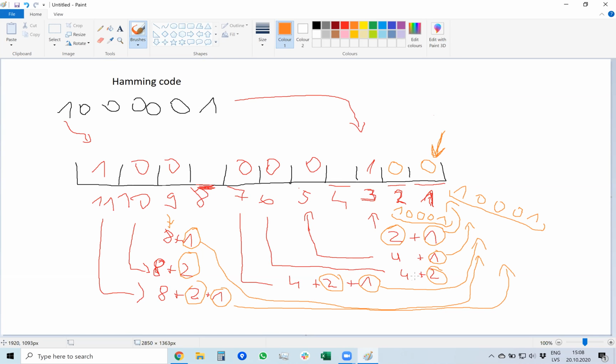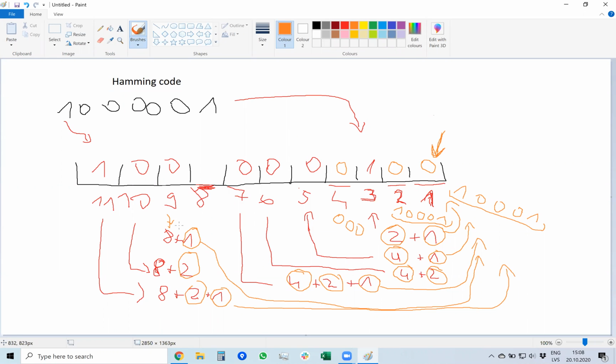Next position is position number 4. So 4 is right here for 5, for 6, for 7, and that's all. So bits number 5, 6, and 7 are 0, 0, 0. There is an even number of ones, so this parity bit is also 0.